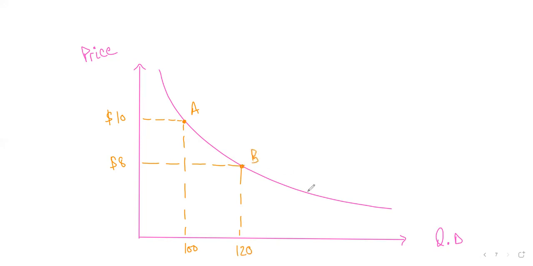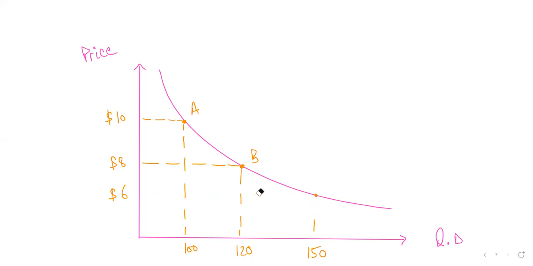Now, for the unitary elastic demand curve, what's the idea? That the change in demand is proportionate to the change in price. So let's not take the example of the last one. Let's look at the two values.